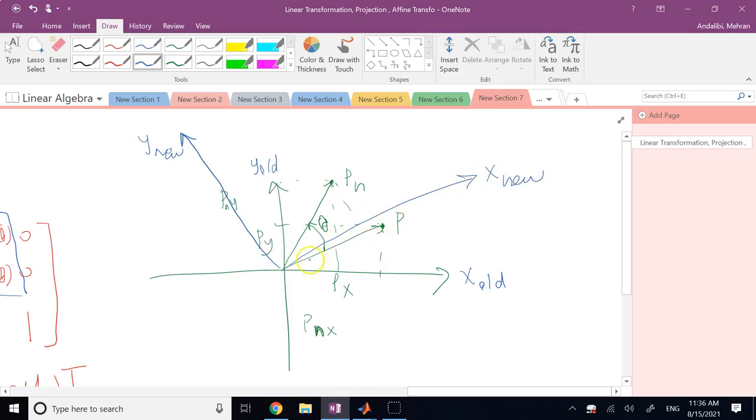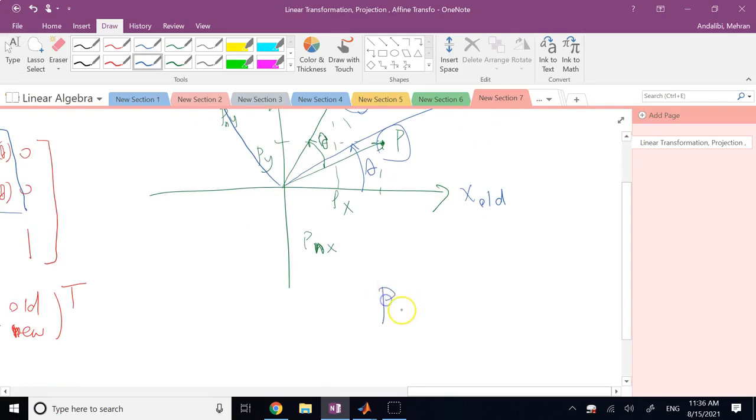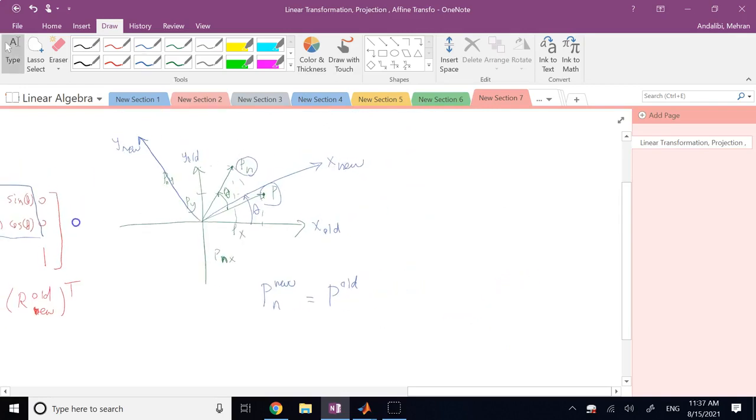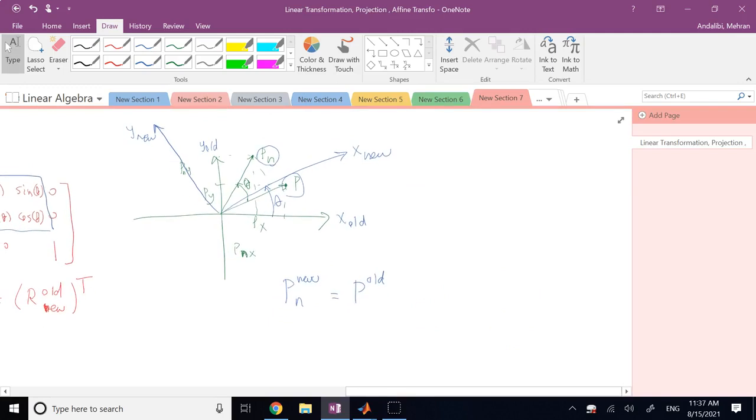Now, since my frame rotated as much as my point did, the coordinates of this point Pn with respect to the new frame are the same as the coordinates of point P with respect to the old frame. So Pn with respect to the new frame is the same as the original P with respect to the old frame. They should have the same coordinates because they have the same relative orientation. Now the question is this.